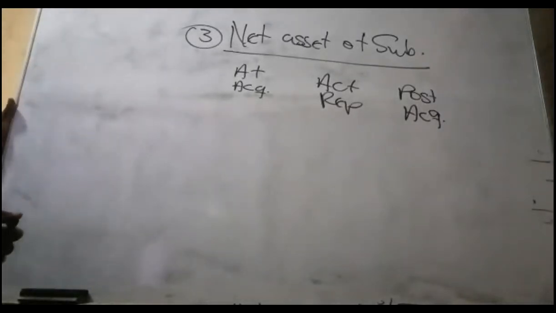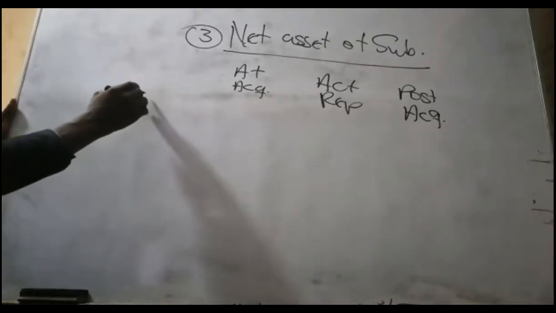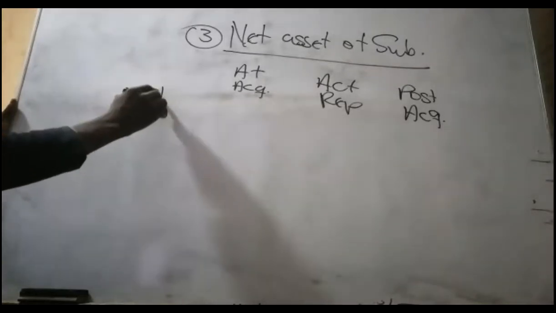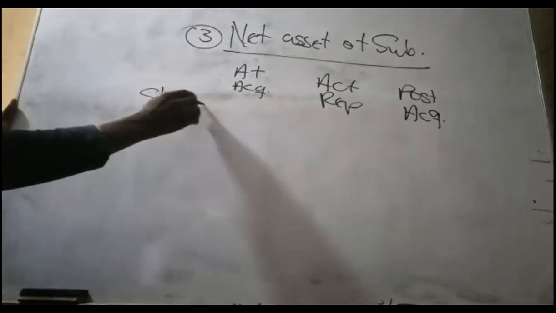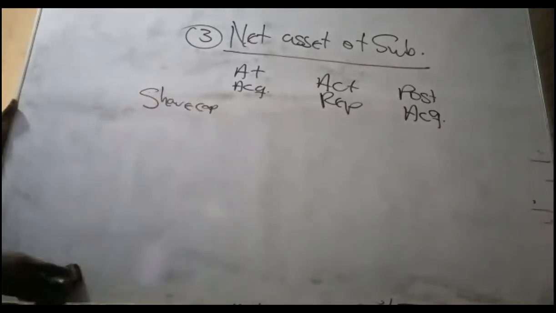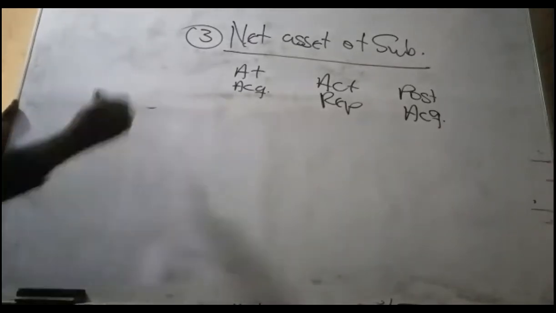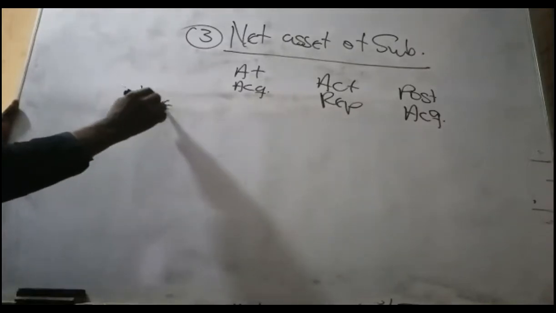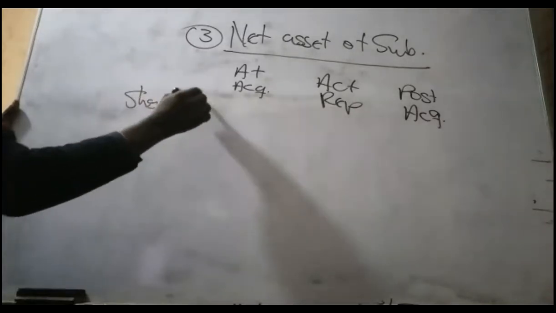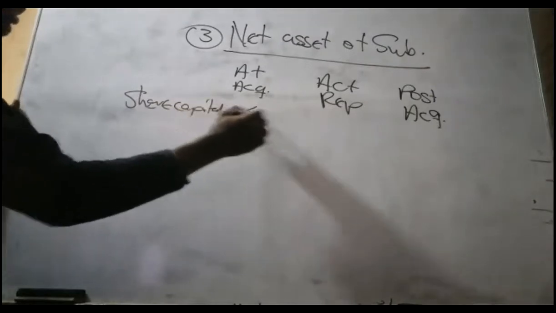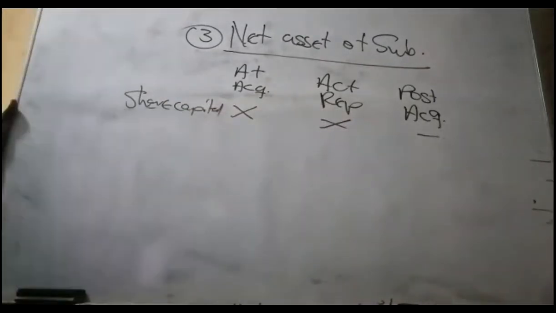So it starts with share capital, ordinary share capital. Here sometimes it is a dash. Why?